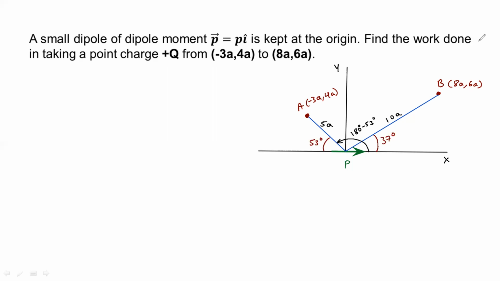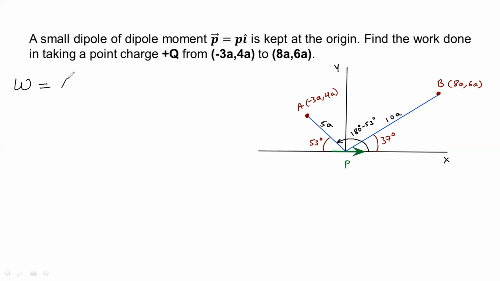Now, what is the work done in taking a point charge from point A to point B? There are two possibilities here. They could either ask you for the work done by the electric field, or they might ask you for the work done by the external agent. Generally, they ask you for the work done by the external agent, and this work done is simply going to be the change in potential energy of the particle.